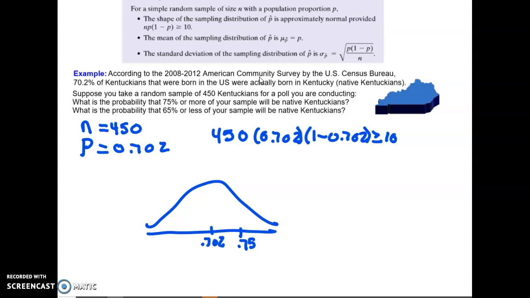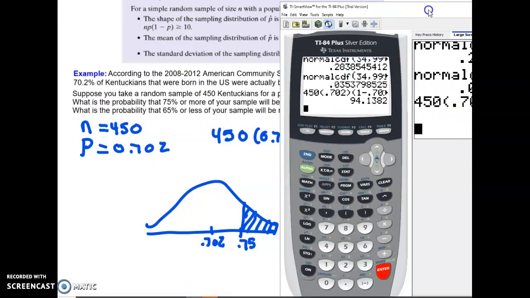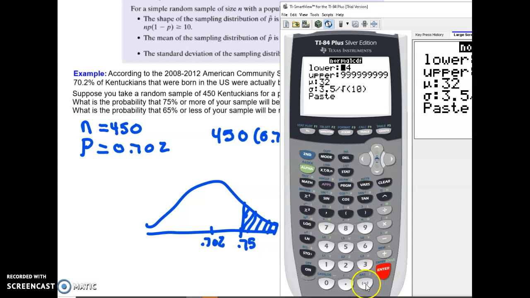Or more of your sample, so we're shading up. Really, we can just go straight to the calculator here. We're going to say second distribution, normal CDF, the lower bound is 0.75. The upper bound is infinity.